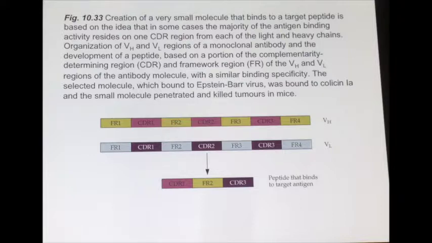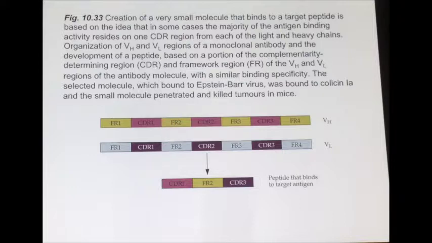What this group of workers did is they said, well, really what we need is some framework region and some CDR regions. We're not sure how many framework regions and how many CDR regions, but it seems that we don't need 4 framework and 3 CDR, or we hope we don't.